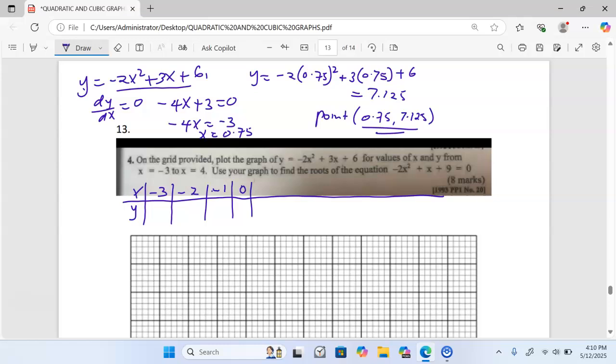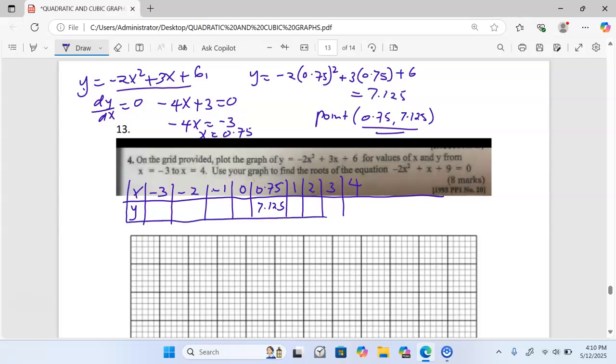Before we go to 1, we have 0.75 as the turning point, and 7.125. From there we go to 1, 2, 3, and lastly we stop at 4.